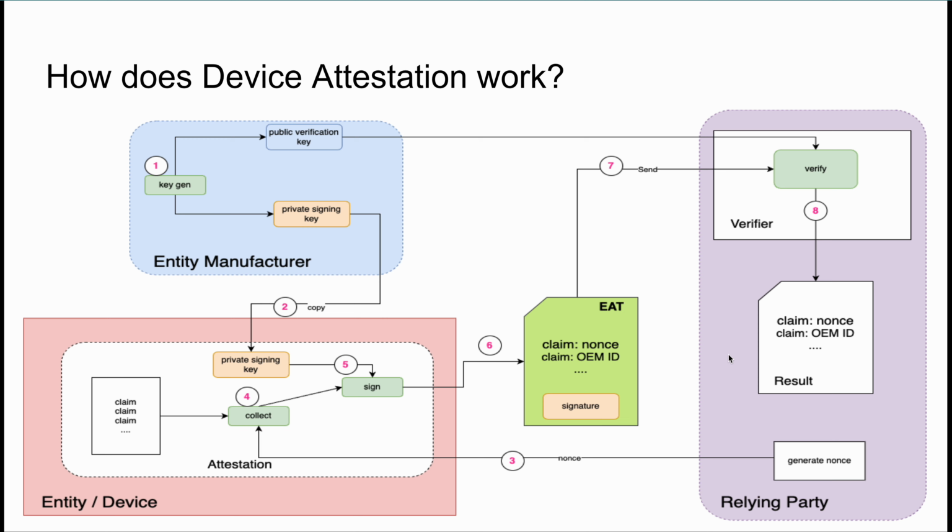Now the relying party has to verify whether the EAT token is coming from a trusted device or not. It uses the EAT token and the public verification key which the manufacturer had created to verify the EAT token. If the signature matches, it concludes that the EAT token has come from a trusted device.